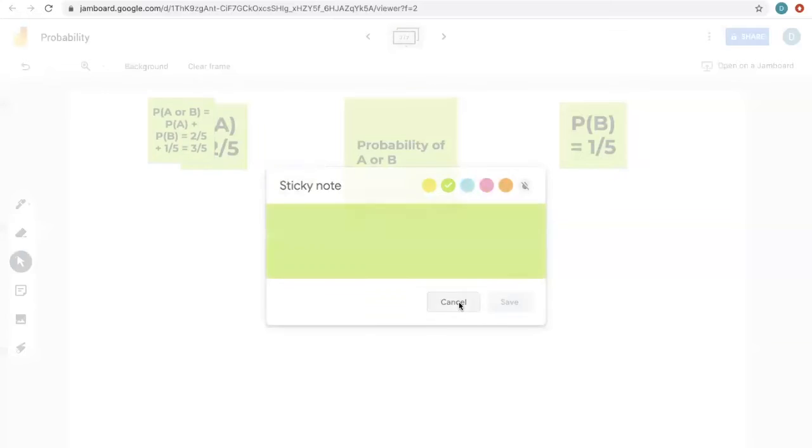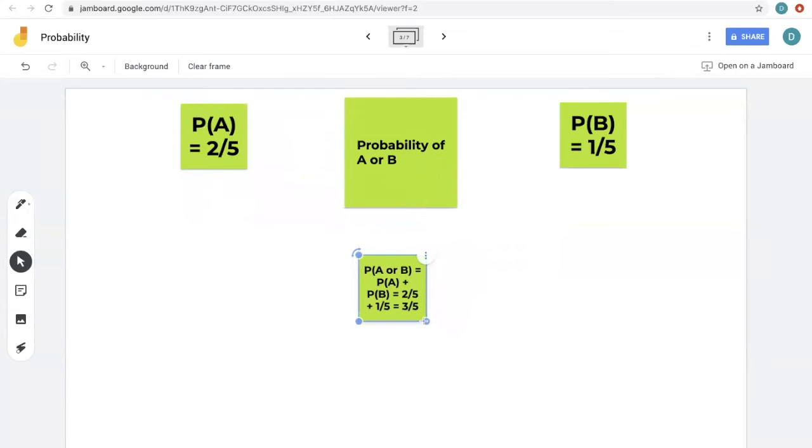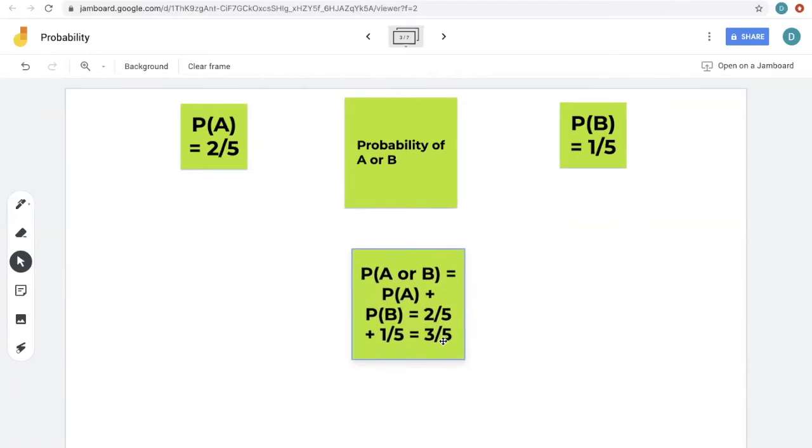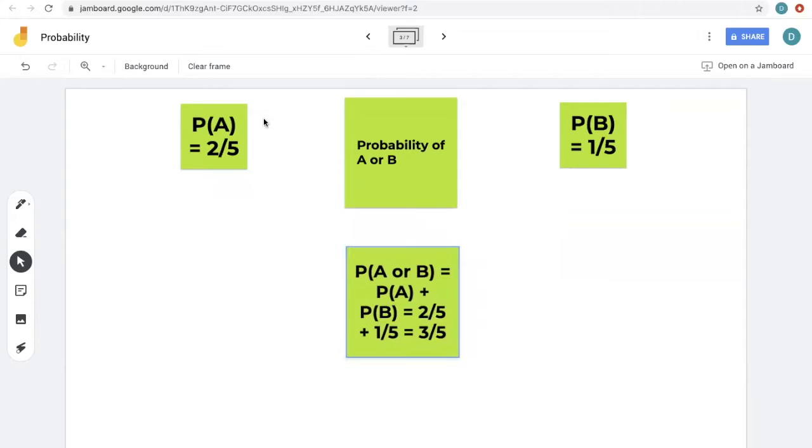So this is where it comes in really handy to know how to add fractions. So that is adding probabilities together, and this is really A or B. That's what you're looking for, the word or. That'll indicate to you that you have to add them together.